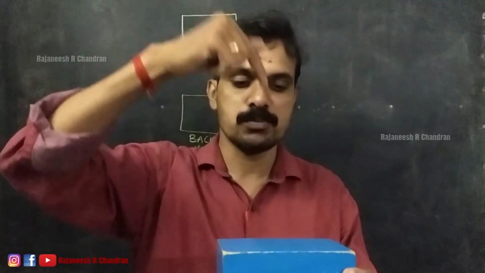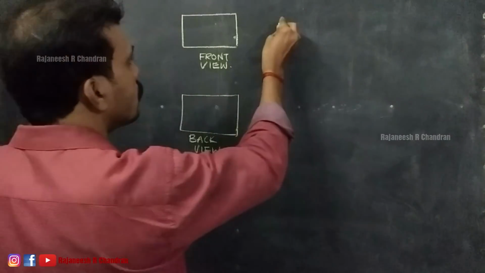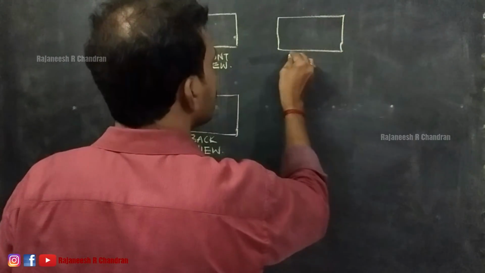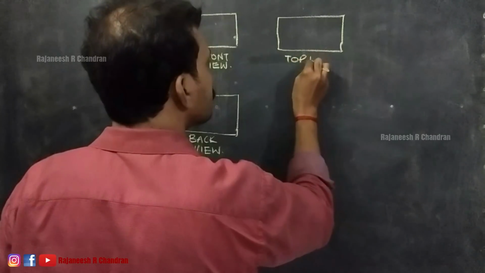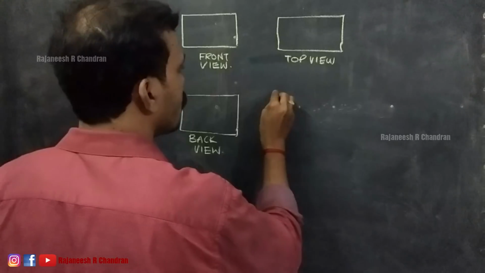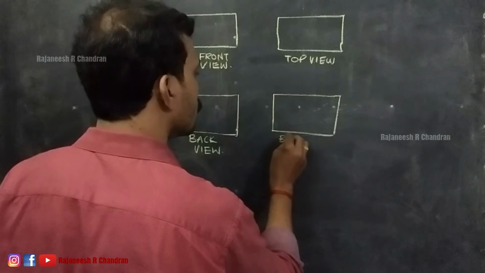Similarly, he can observe this from its top. Again he can see a rectangle. He can observe from the bottom, and he can see a rectangle. So he will get another rectangle, that is the top view. Also he will get another, that is the bottom view.